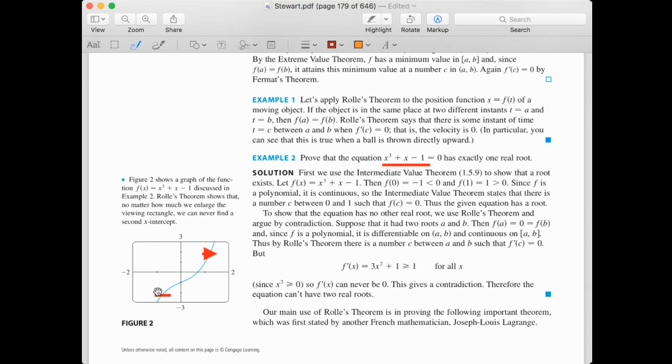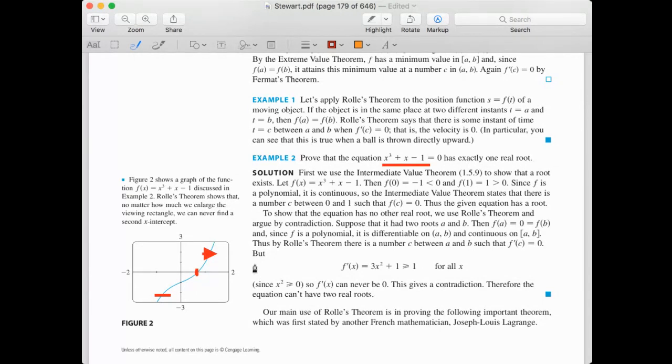So in between 0 and 1, there must be a number c. We don't know what c exactly is yet, but there must be such a number, and f of c equals 0. That's the intermediate value theorem, not derivative.